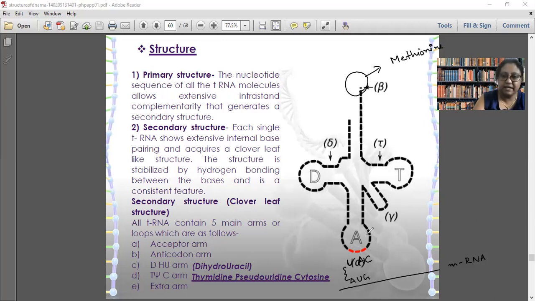This is known as the anticodon arm. Then the acceptor arm.